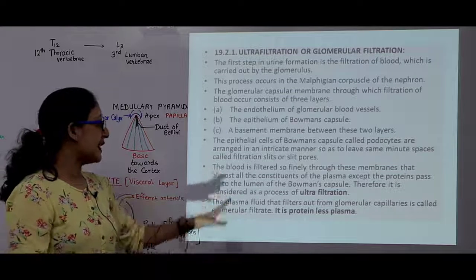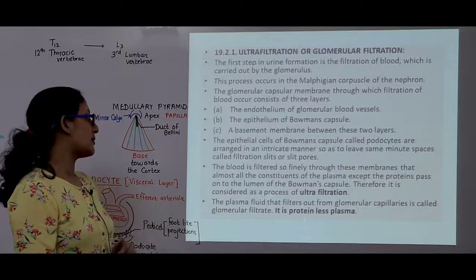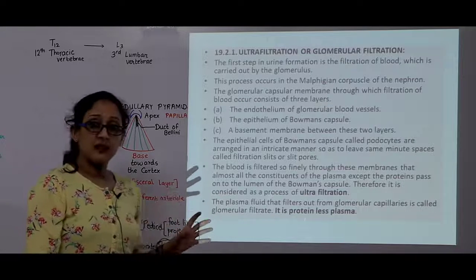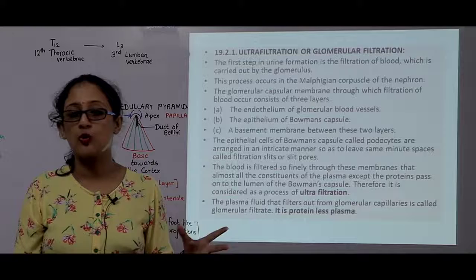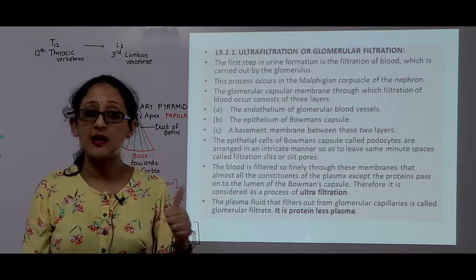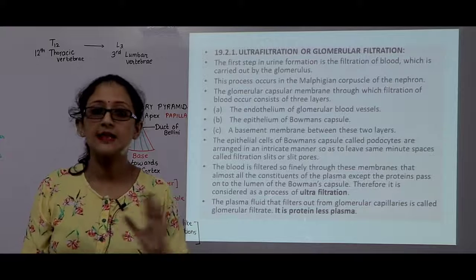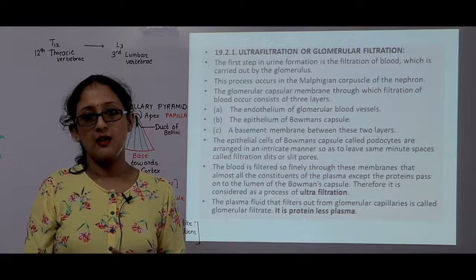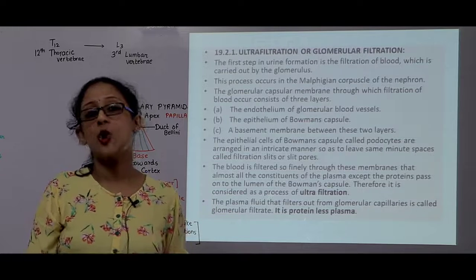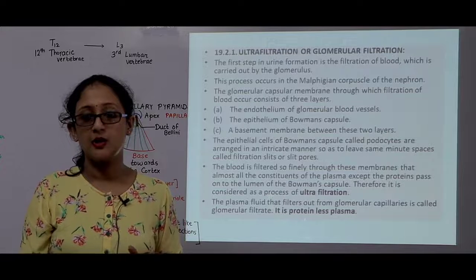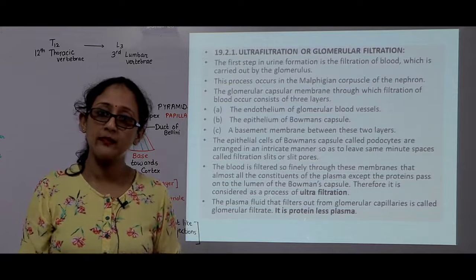So blood is filtered so finely through these membranes that the cells of blood cannot pass through. Blood contains RBCs, WBCs and platelets. The cells cannot pass. The fluid of your blood is called plasma. So can plasma pass out?